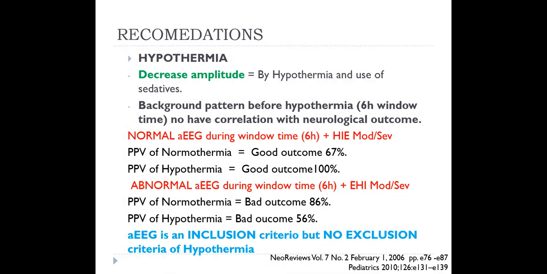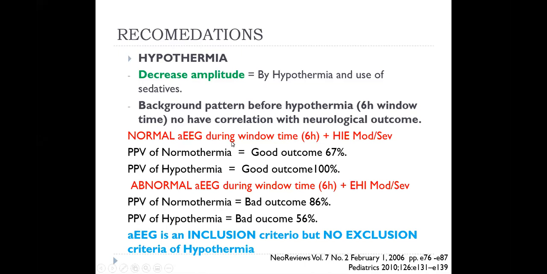Okay, recommendation. When you start hypothermia, amplitude decreases by hypothermia per se, and by use of sedatives. This is the decreased amplitude. Background pattern before hypothermia in the window time, in the first 6 hours, does not have correlation with neurological outcome.